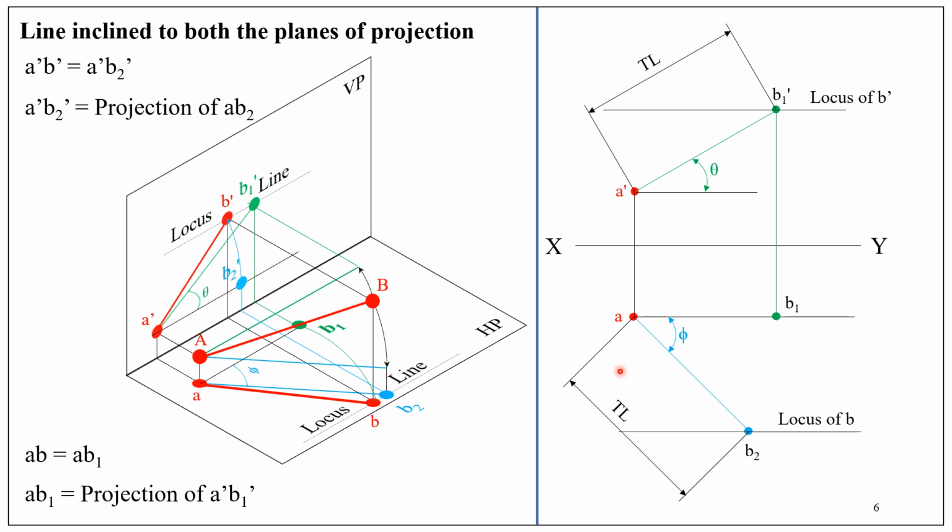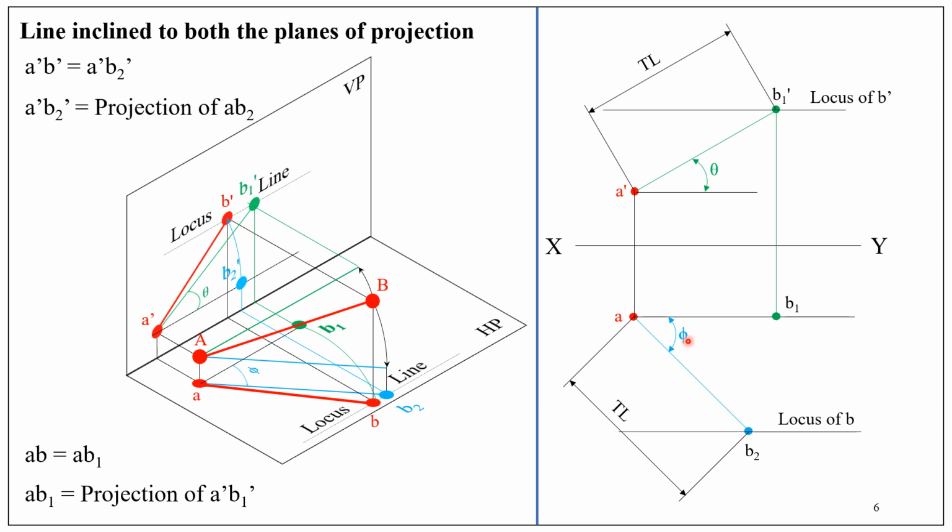And we know AB is equal to AB1. In the drawing sheet, we know the position of A, but not the position of B. But we know definitely B will be on this line. And also we know AB is equal to AB1.